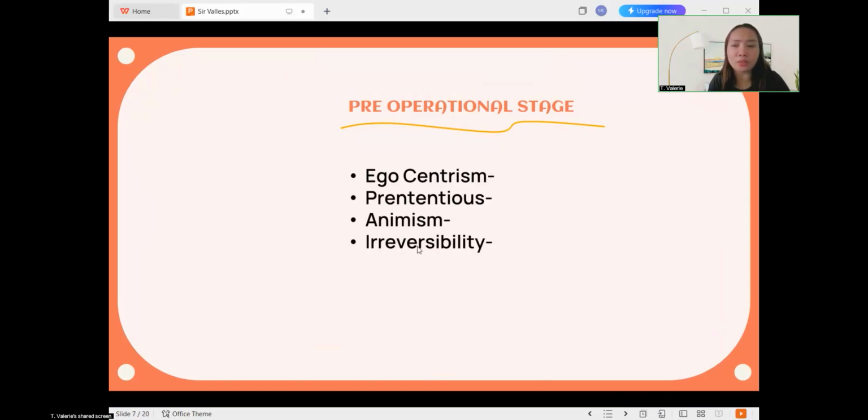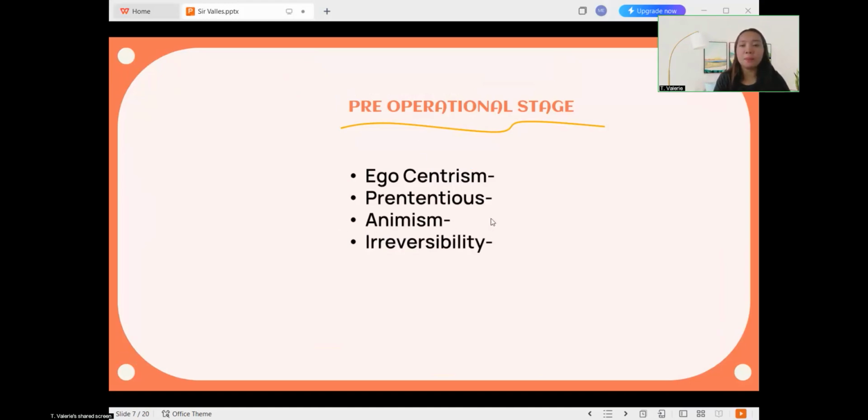Let's have irreversibility. This one could be easily understood by giving an example. Let's say you ask a child 1 plus 2, and he will say 3. But if you reverse the question, 2 plus 1, he cannot answer it.